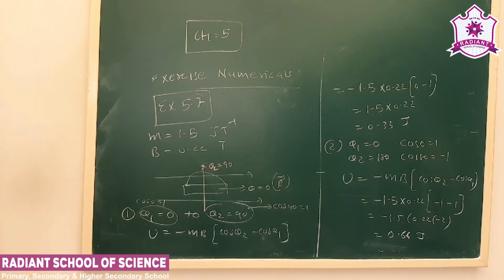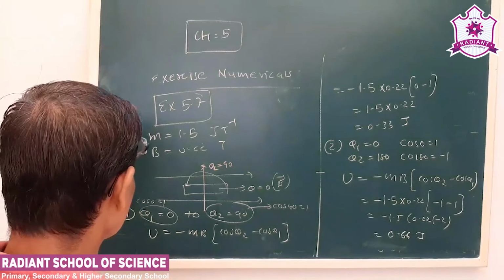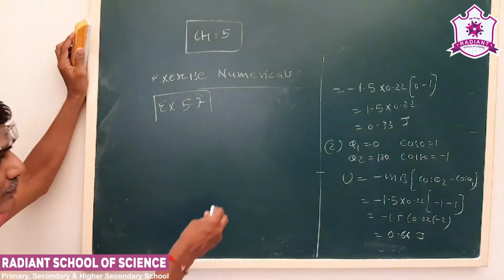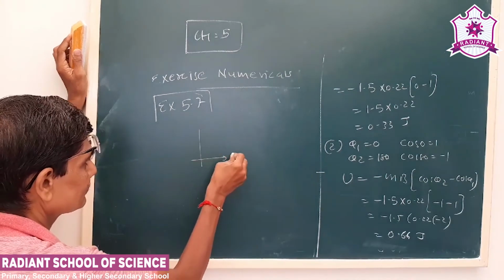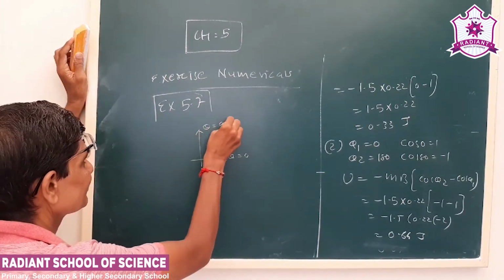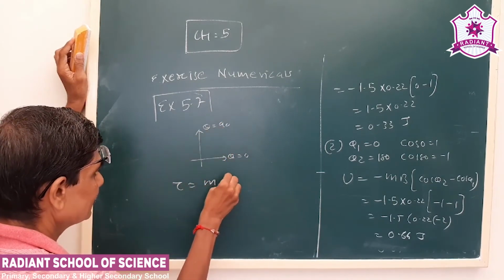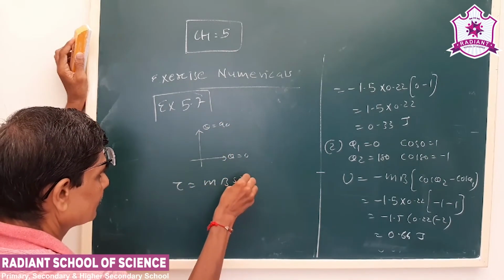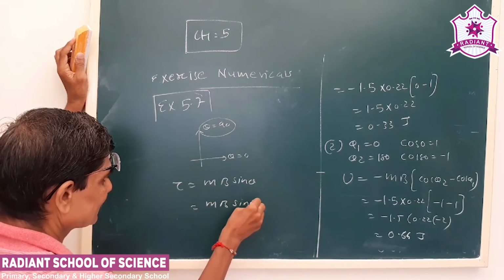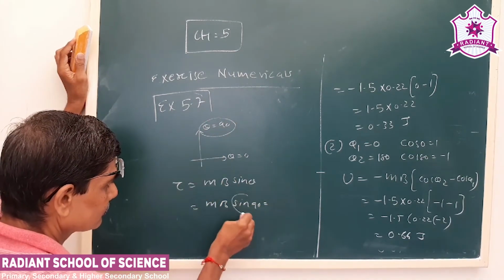Now the third part of the question says, what is the torque in each case? Torque in each case. First it was rotated by an angle of 90 degrees from theta equal to 0 to theta equal to 90. So torque is m b sin theta. Sin 90 is 1.